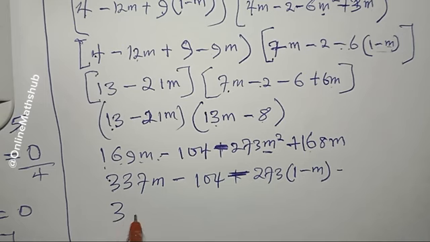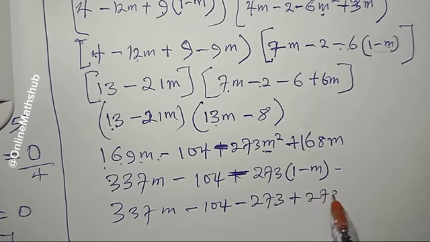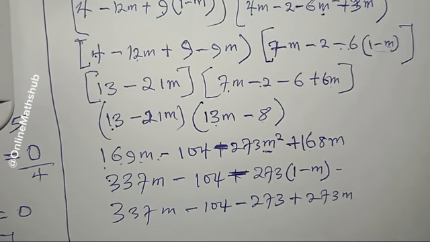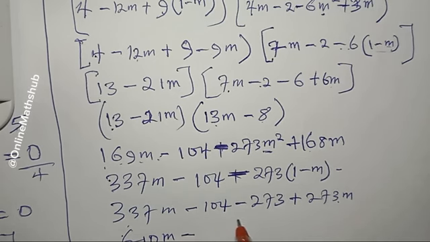So I'm going to be having 337m minus 104. So I multiply 2, I have minus 273, and then of course plus 273m. So I'll just go ahead to sum this one and this. And if I do that, I'm going to be having 610m, okay, and then minus 104 minus 273, that's going to be giving us 377.